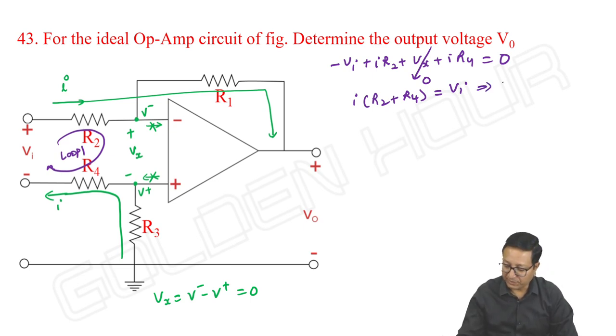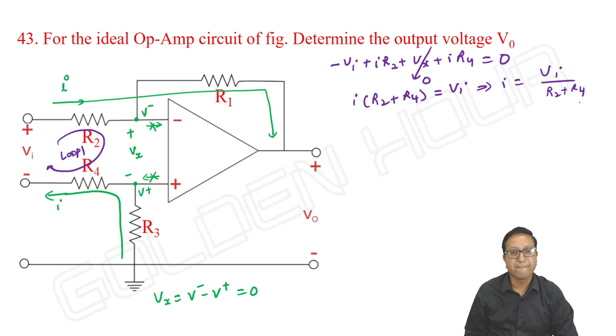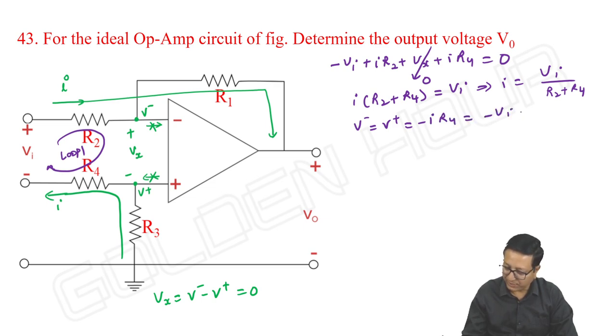I is equal to Vi by R2 plus R4. Okay. Then what about V plus or V minus? So V minus is equal to V plus is equal to minus I into R4. That is minus Vi into R4 by R2 plus R4. Keep it aside.